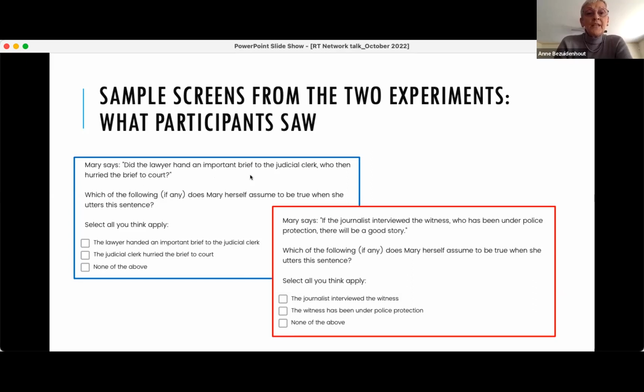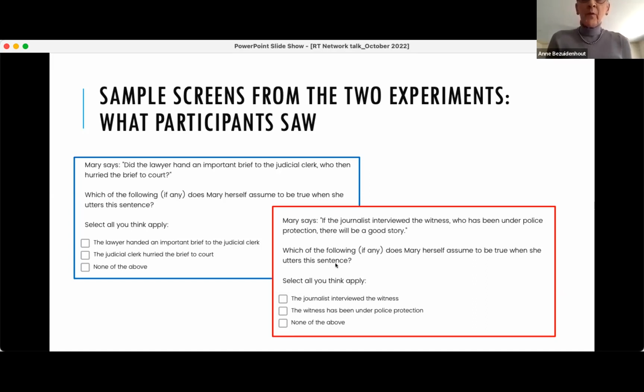Did the lawyer hand an important brief to the judicial clerk, who then hurried the brief to court? Which of the following does Mary herself assume? Select all you think apply. The lawyer handed an important brief to the judicial clerk. The judicial clerk hurried the brief to court. None of the above. And of course, people had the option to pick both 1 and 2. And by the way, the first two options were randomized.